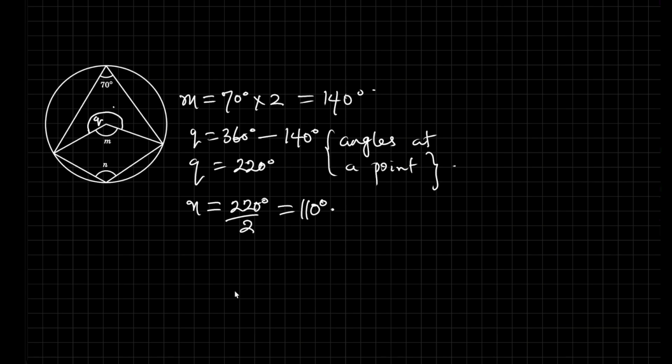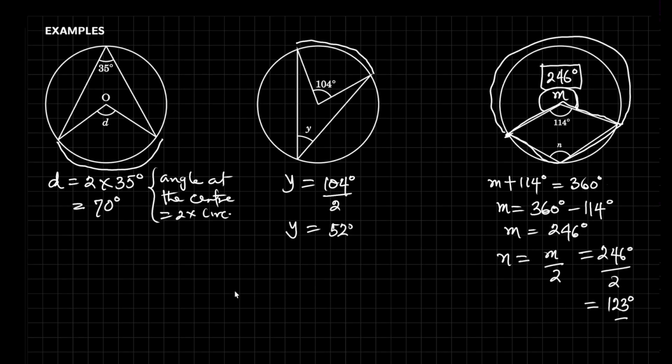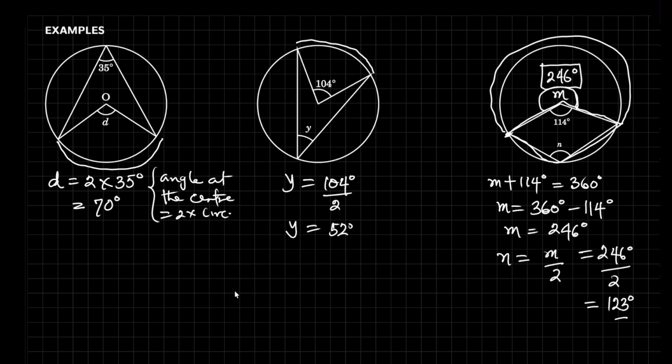You might still be confused about certain calculations or how to recognize which is which and what is what. Let me show you something. In the point where we are trying to say one is at the circumference, one is at the center, if you notice the orientation of the arcs that we use to mark the angle, here we have angle D, right at the top, here we have 35.